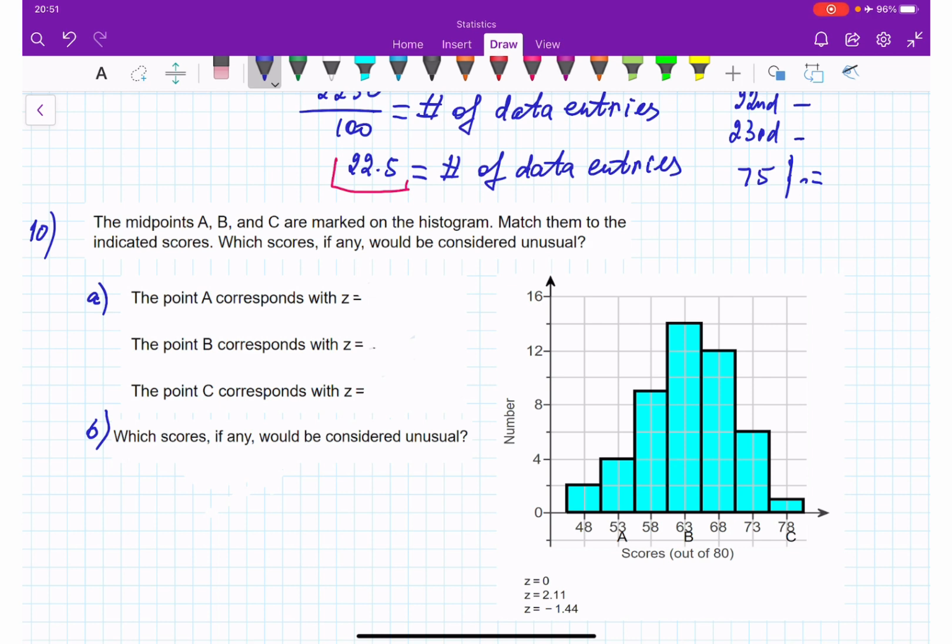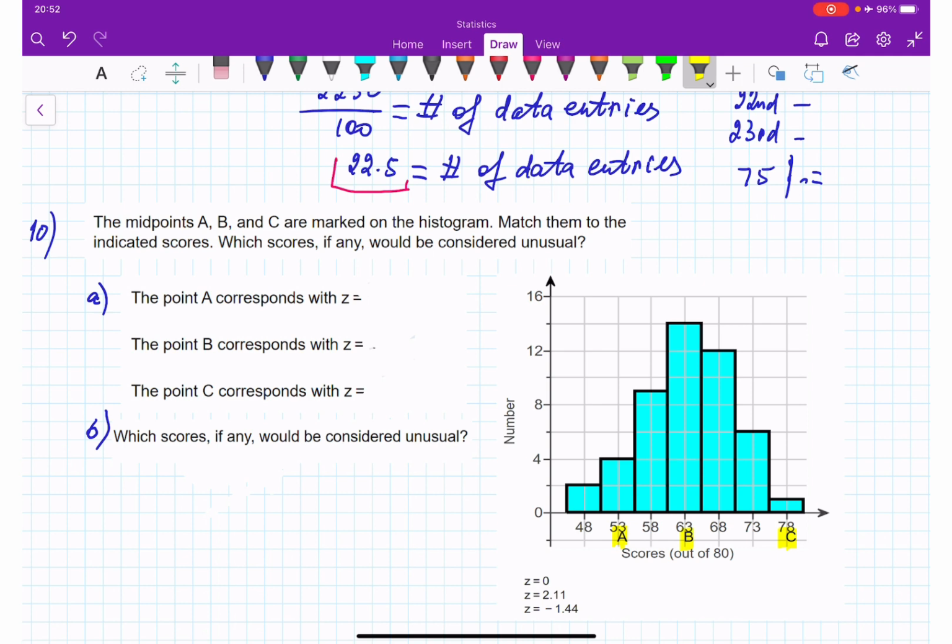So let's mark it down. This is A, this is B, and this is C.